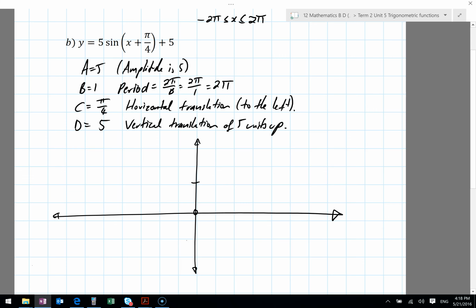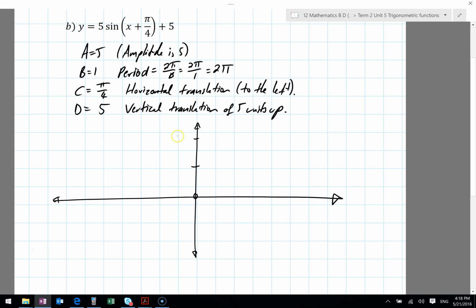It's going to be between 0 and 10. My average value of 5, and everything's going to happen between 0 and 10. My period is 2 pi. So I'm imagining up to 2 pi, all my sine stuff's going to happen. So I'm imagining at the moment something like this.